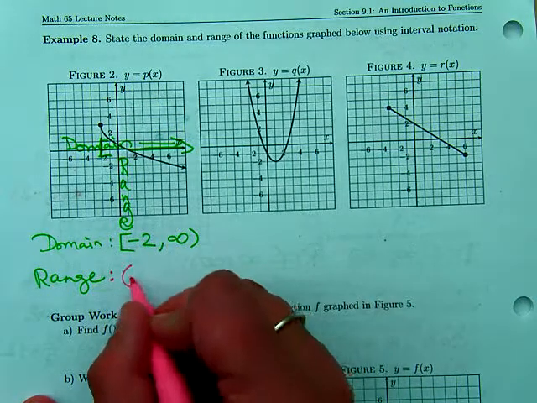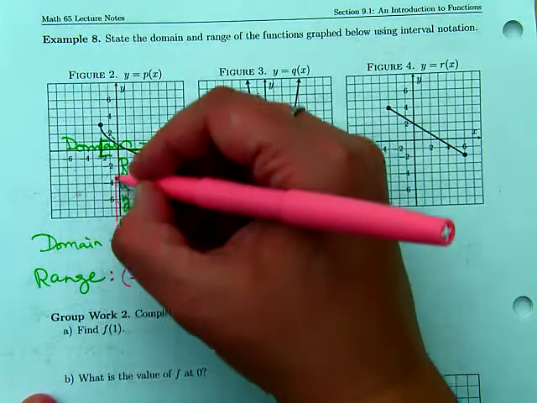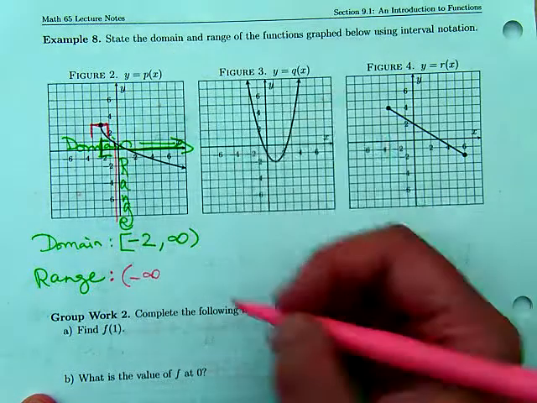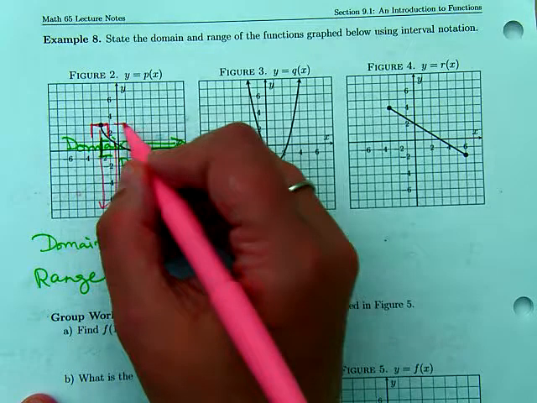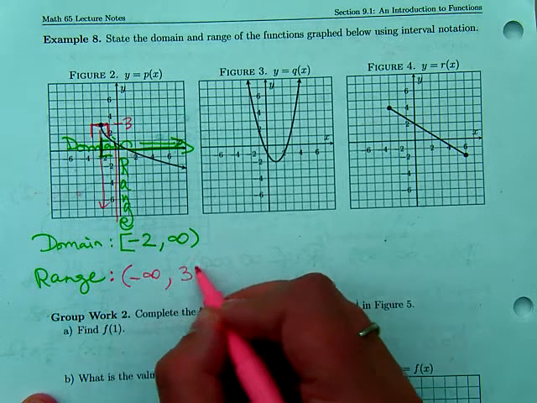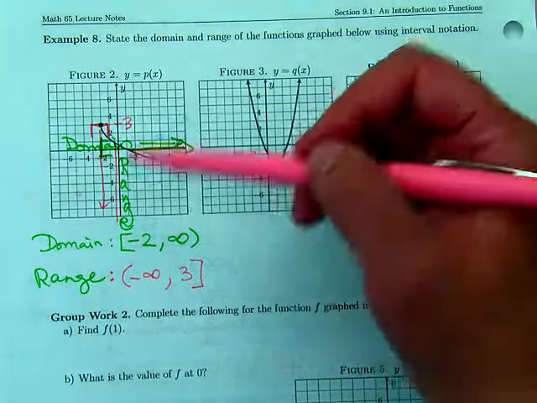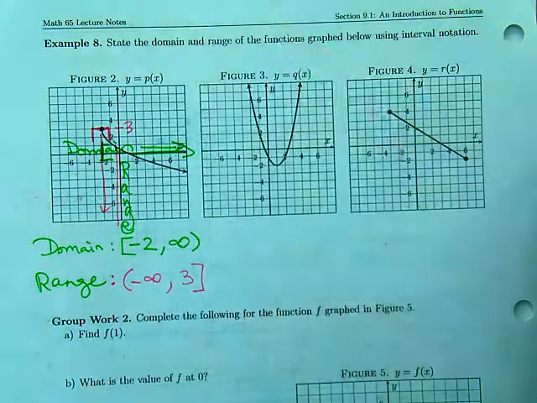It's going to go starting at -infinity because of that arrow. It's going to go up, up, up, up, up. It's going to stop where? 3. Y is 3. And that number is included. So remember, the range is always going to be the y values. We want to go small to large.